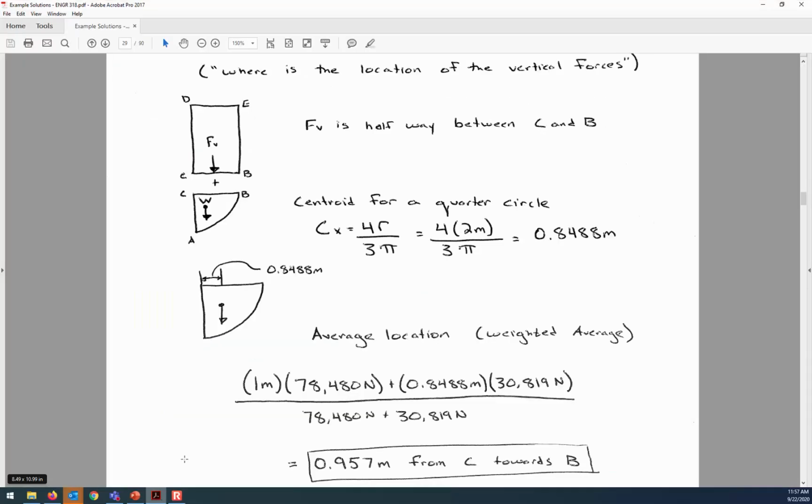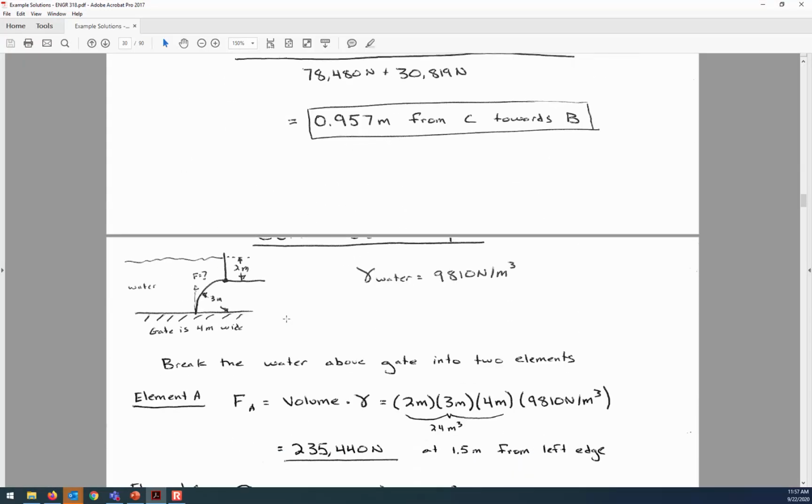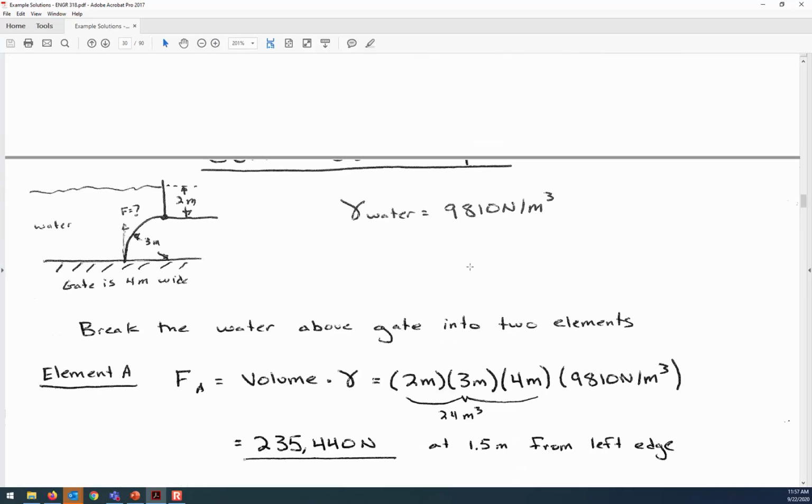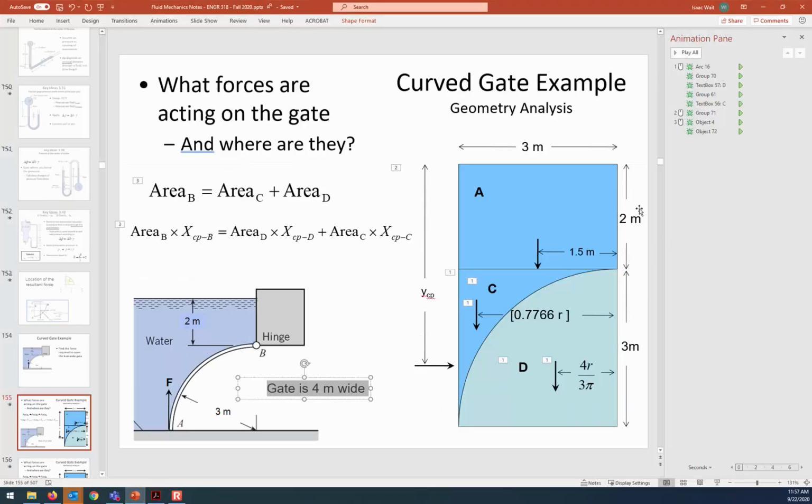So here is the magnitude of object A: the 24 cubic meters. The location of it is 1.5 meters from the left edge, just by inspection. If it is 3 meters in total width, the center of area for a rectangle will be in the center side to side. So the force is located 1.5 meters from the edge. That is object A above the gate.